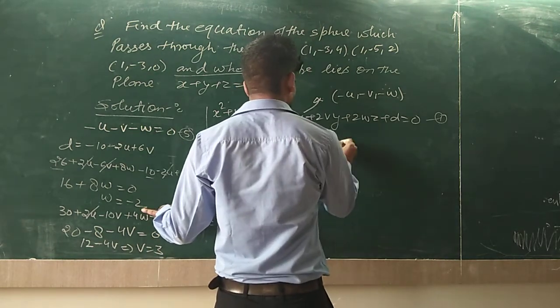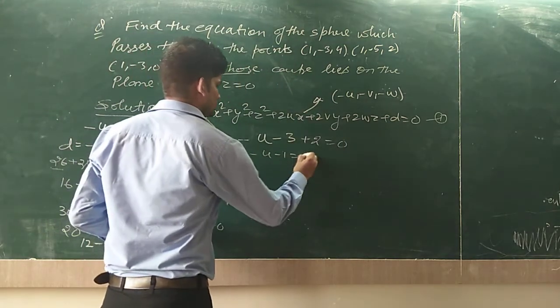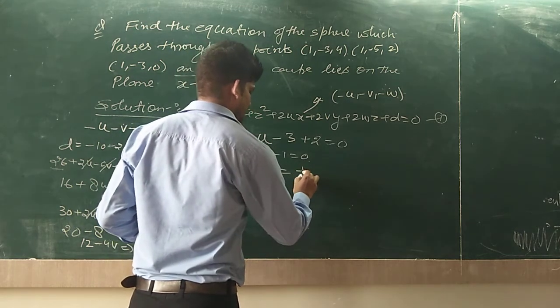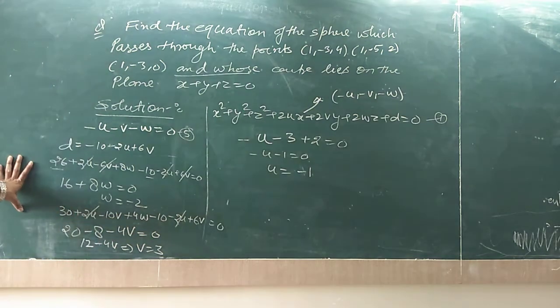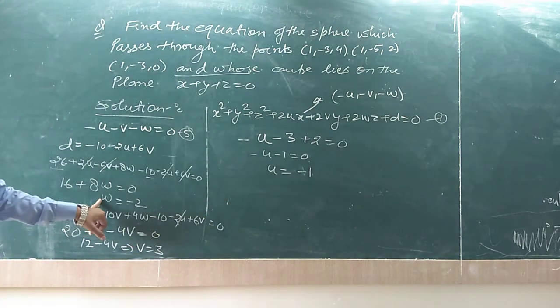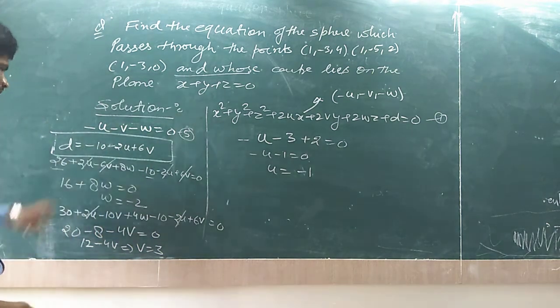plus 2 equal to 0, then minus u minus 1 equal to 0, u equal to minus 1. Then the value of u is minus 1, v equal to 3, and w equal to minus 2. Then putting these conditions, find the value of d.